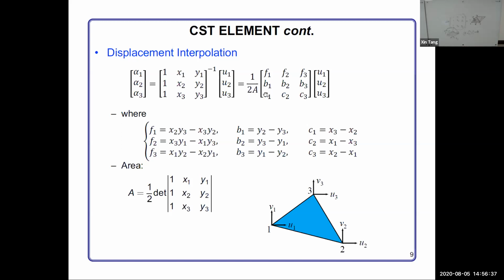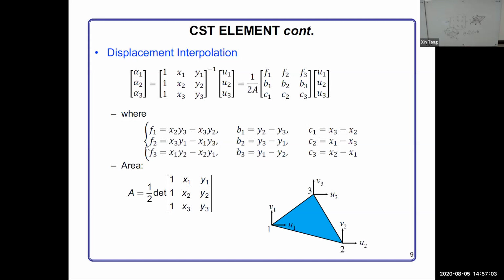And then another 3 by 3 matrix, F1, F2, F3, B1, B2, B3, C1, C2, C3, times the U vector. Here, F, B, C are actually functions of coordinates. So for example, F1 equals X2 Y3 minus X3 Y2.